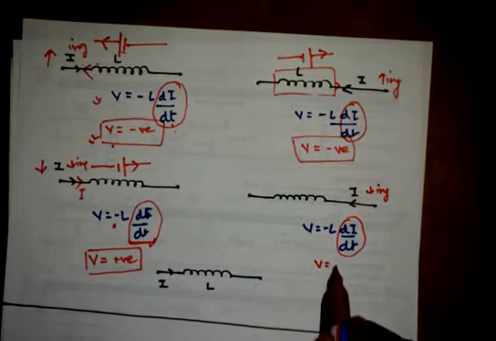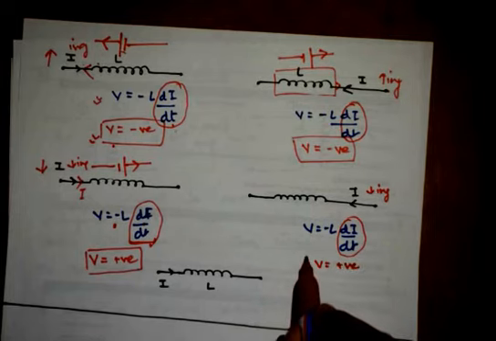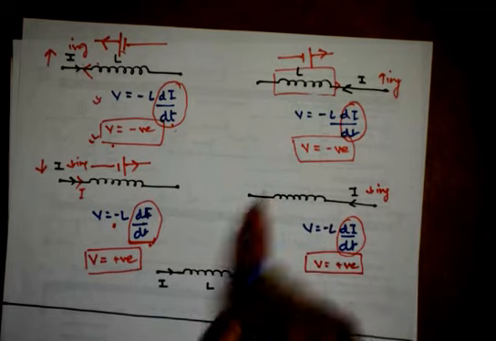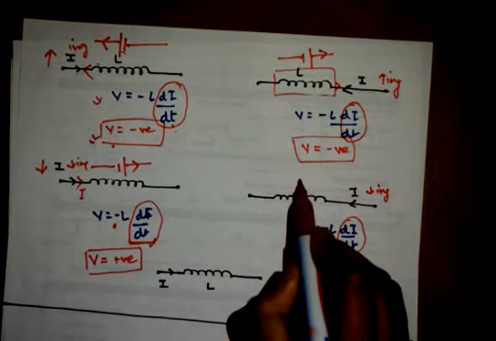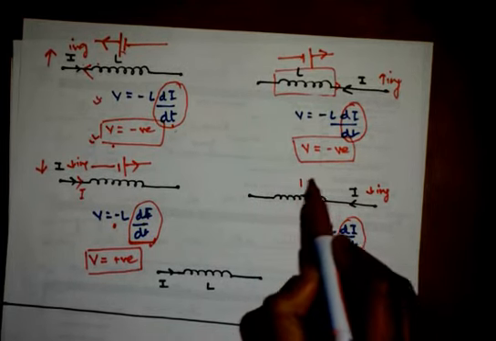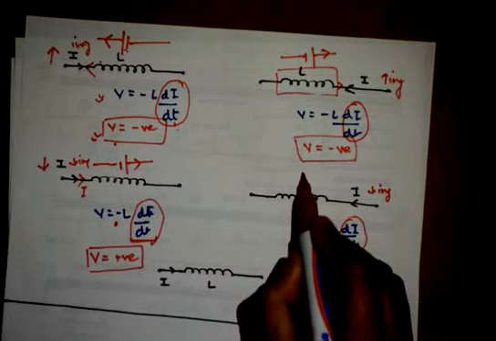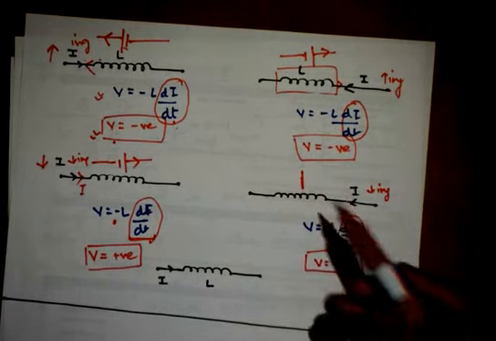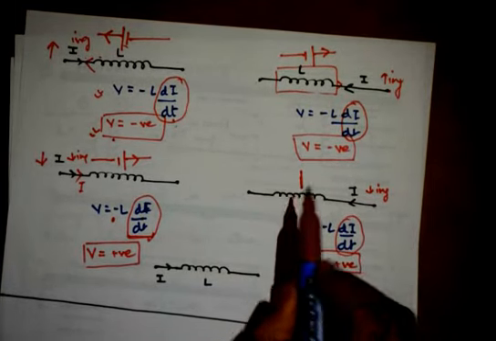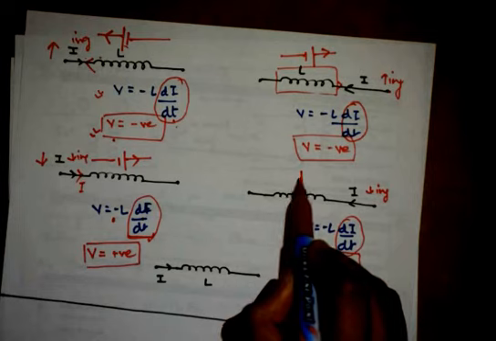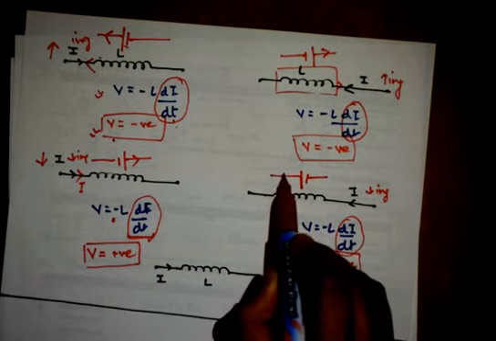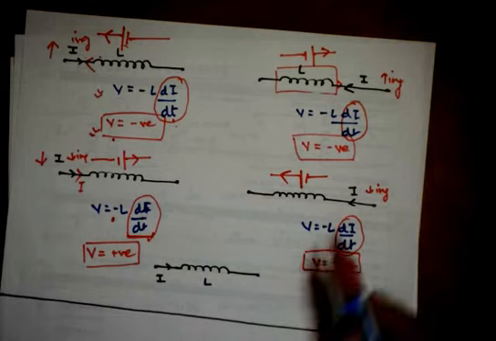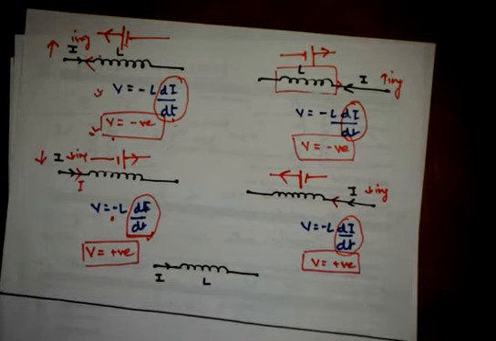So in this case the induced voltage will be a positive voltage, and this inductor is going to behave like an EMF source which will induce a current whose direction will support the direction of this current. That means in this way. So it will induce a current which will support this current.